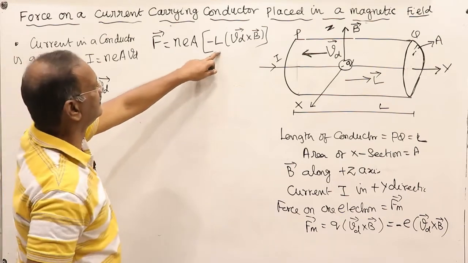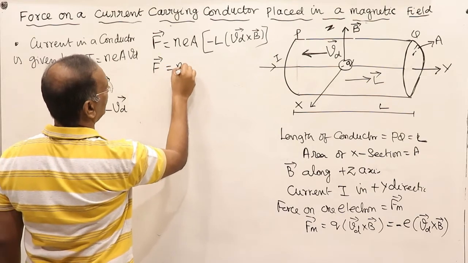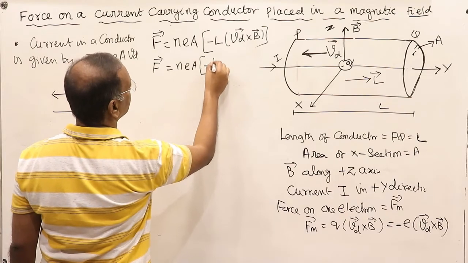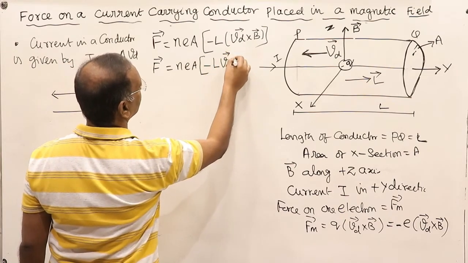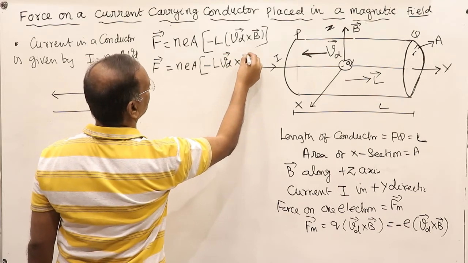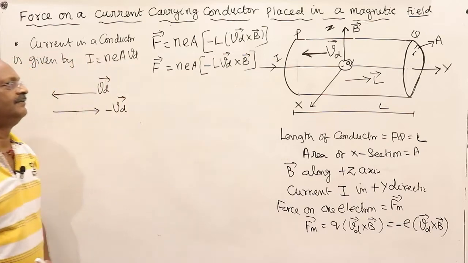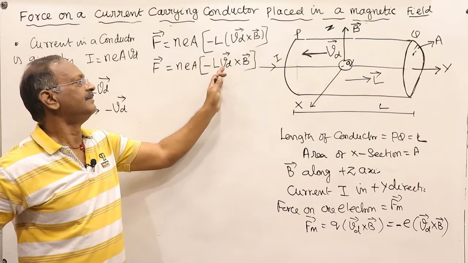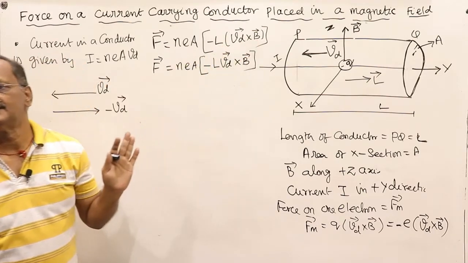What we are interested in, this can be written as F is equal to NEA into minus L Vd vector cross B vector. We can write like this, minus L Vd vector, because if you take it inside, it can be multiplied with B also.